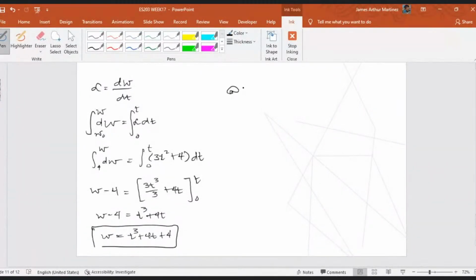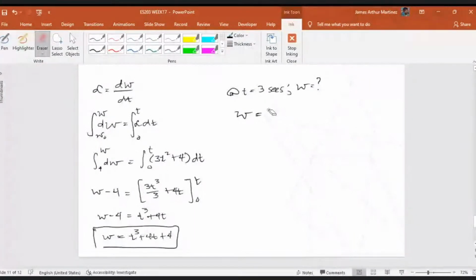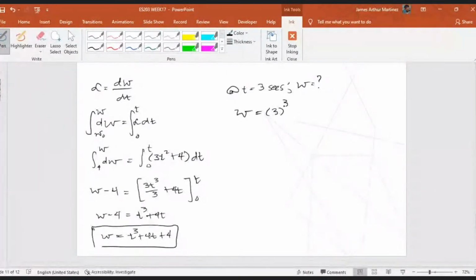Then by applying the boundary condition given, at time 3 seconds, how much is the angular velocity? Substituting time equal to 3 seconds, we have 3 cubed plus 4 times 3 plus 4.